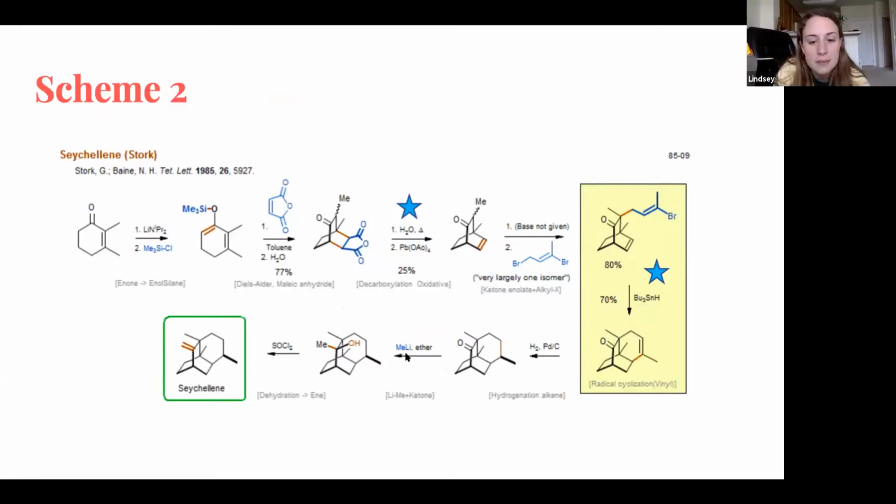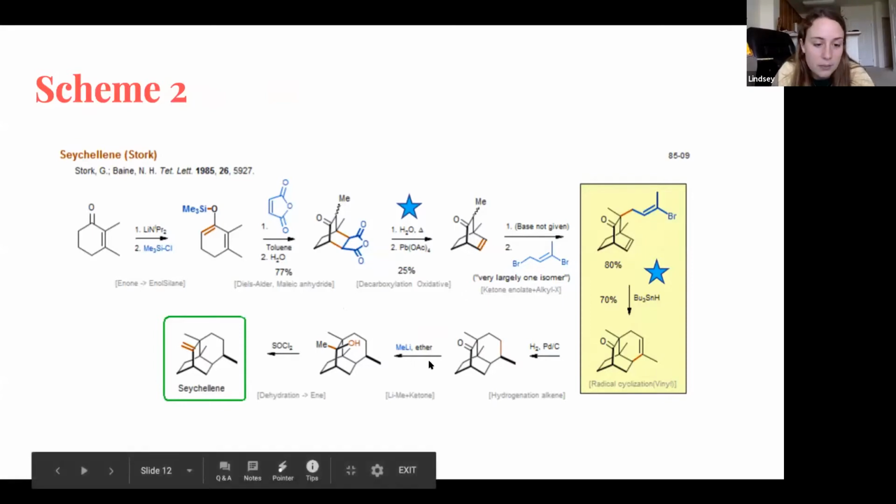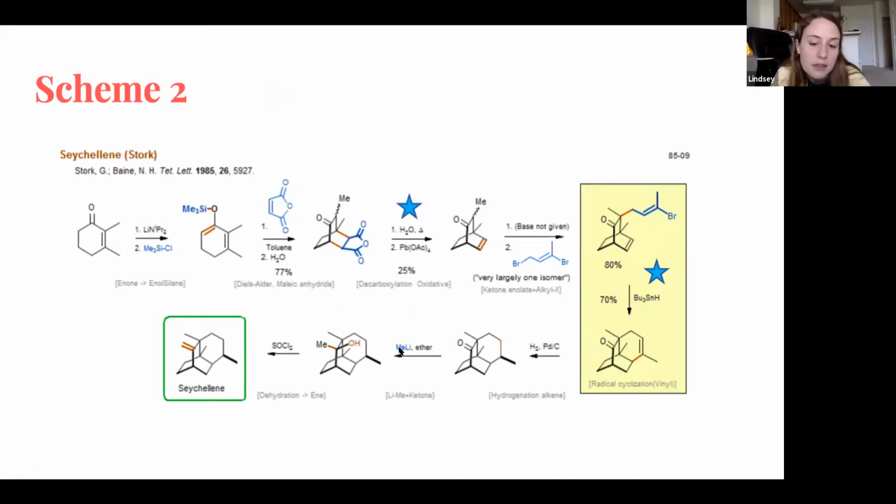And then the next step is with methyl lithium and ether. It's sort of like a Grignard; they could have used a Grignard in place of this, but they just chose to use methyl lithium. Methyl lithium acts as a nucleophilic Grignard-like reagent, and it's the CH3 minus of the methyl adding to this carbonyl carbon. And then this is just protonated with acid during the workup.